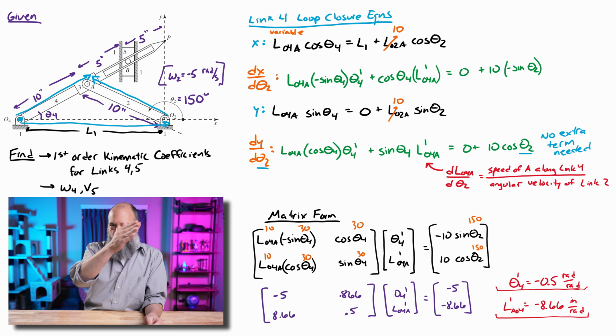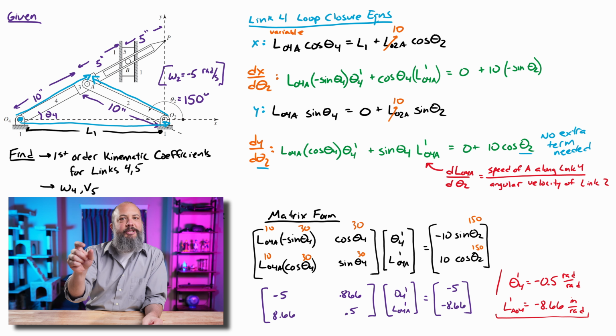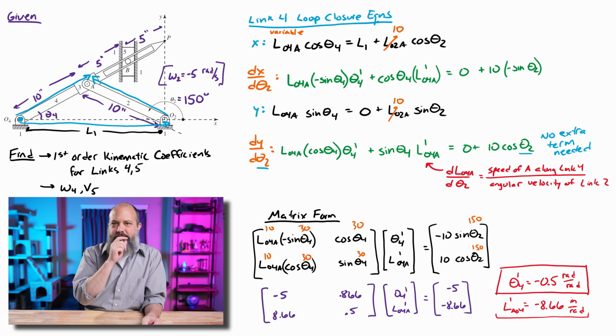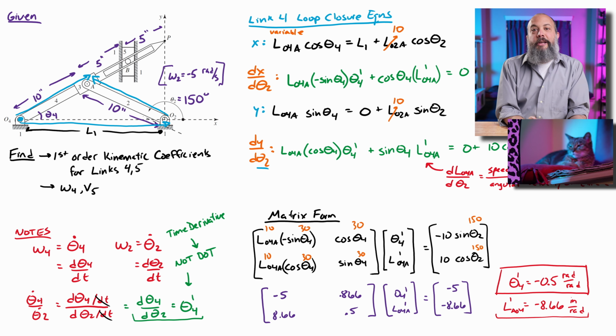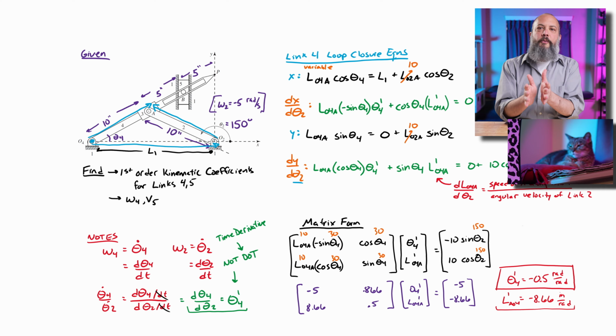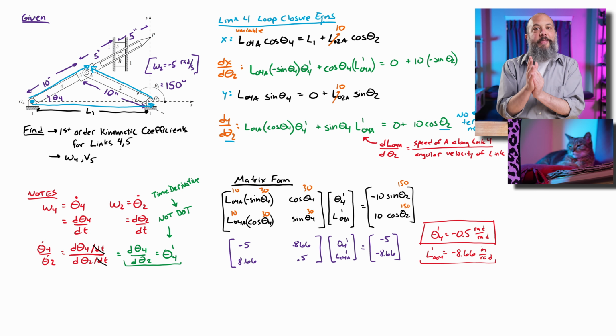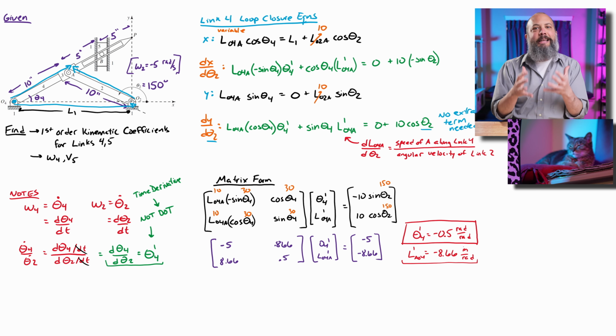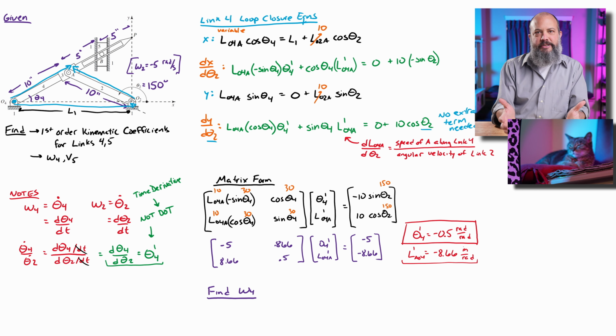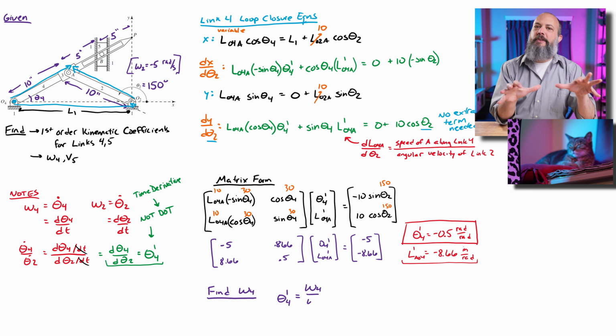It's measuring how far it's moving, so inches per radian, because it's position divided by angle. So these terms, theta 4 prime and LO4A prime, these are the kinematic coefficients, the first order kinematic coefficients. And we can then directly use these to find velocities.